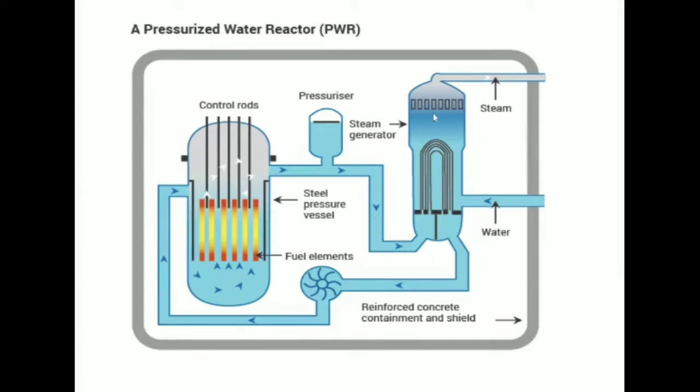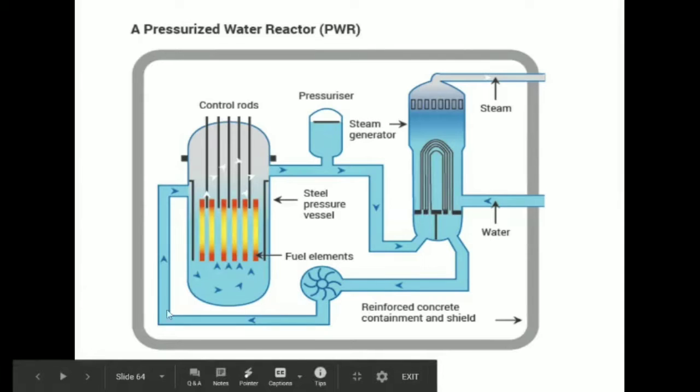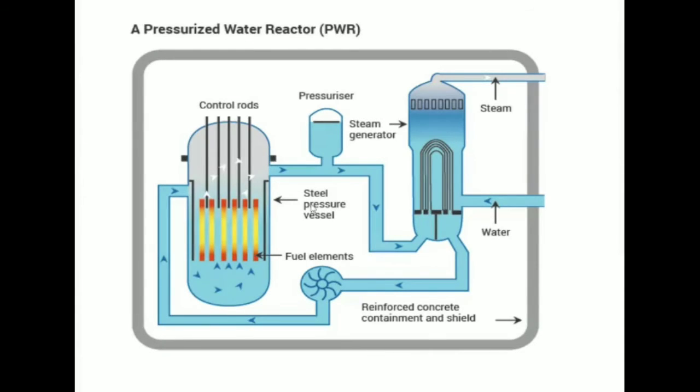Then it is going to the steam generator where steam is being generated. Then after circulation, water is coming back. By means of various pumps at various locations, we can pump the water.